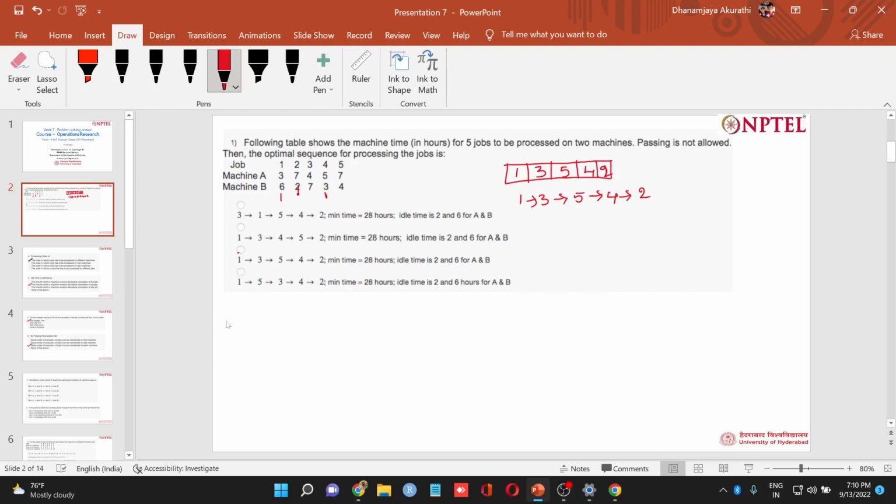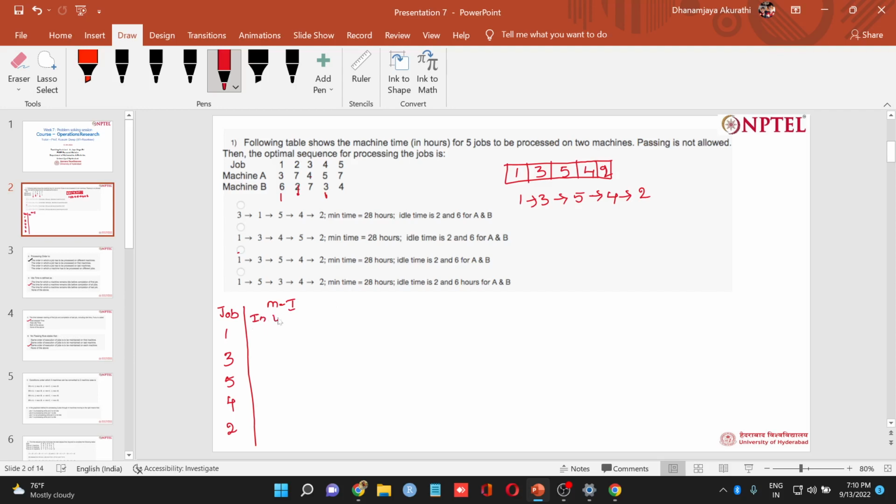First we have to cross-check it. So finally we got the order of the jobs as 1, 3, 5, 4, 2. In this order of jobs, our missions are working, so we have to find the minimum elapsed time and idle times for both the missions.